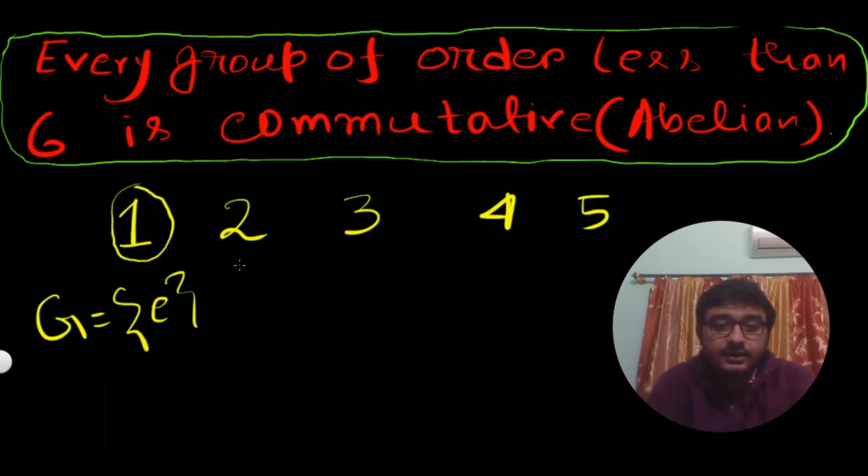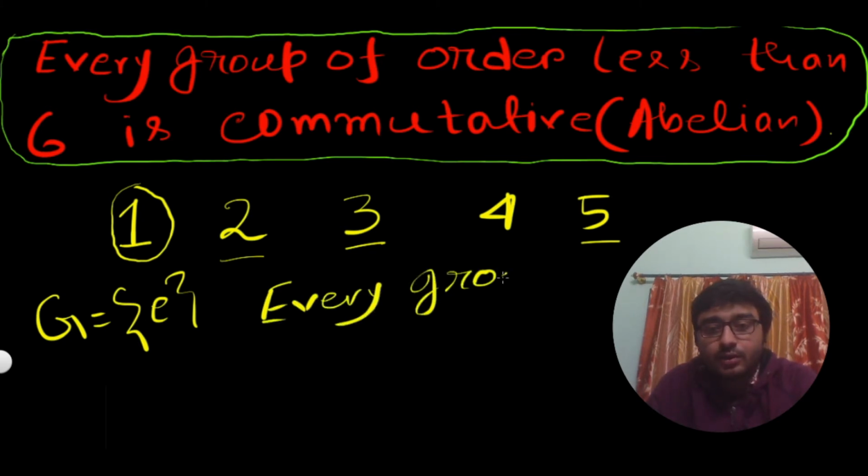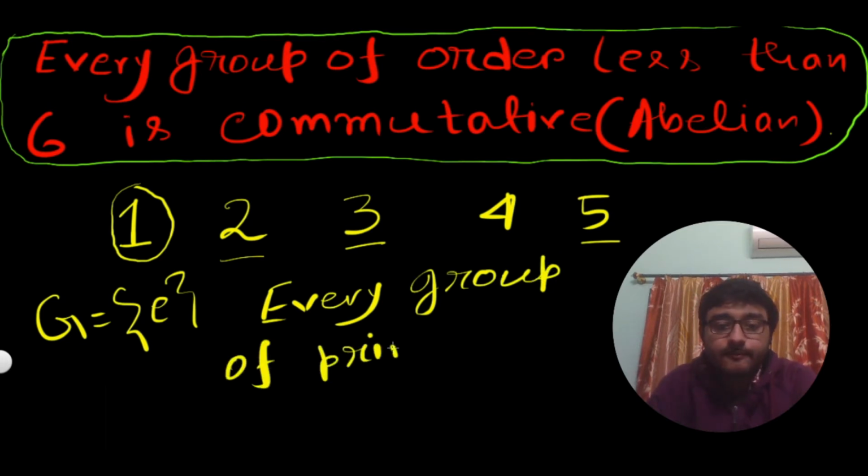If you look at the numbers 2, 3 and 5, these numbers are prime, and we know that every group of prime order is cyclic.